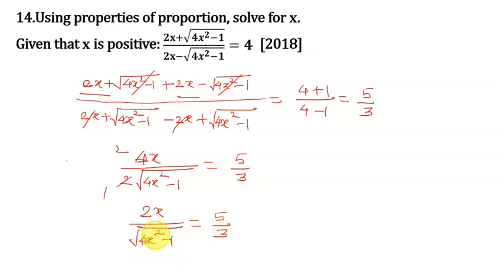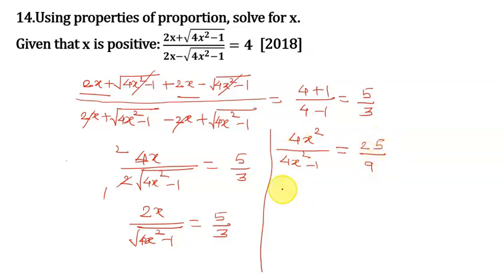Now squaring on both sides, square of 2x is 4x square. Okay. Now here root sign and the square get cancelled. Then you will get 4x square minus 1. 5 square is 25 and 3 square is 9.